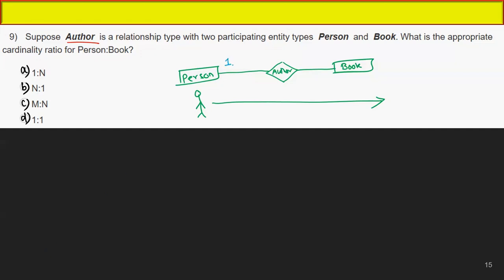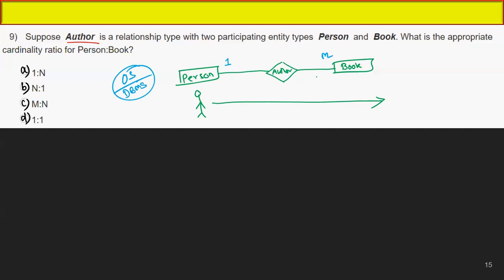One person can write many books. Possible or not? One person can write many books. If you take Silberschatz, he wrote a book for OS. Abraham Silberschatz also wrote a book for DBMS. He wrote books for these two subjects. That is possible.